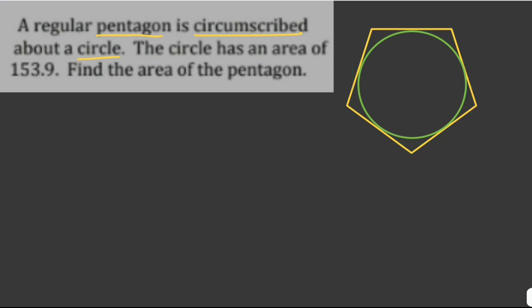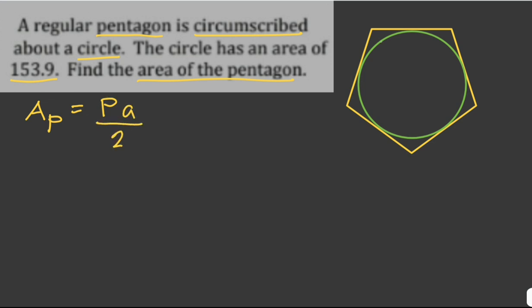And it's also stated here that the area of the circle is equal to 153.9. And then we solve for the area of the pentagon. Now to solve for the area of the pentagon, that would just be the perimeter of the pentagon times the apothem A over 2.